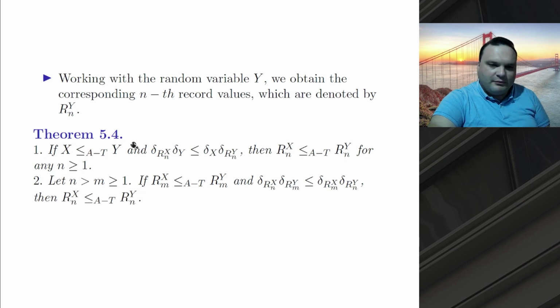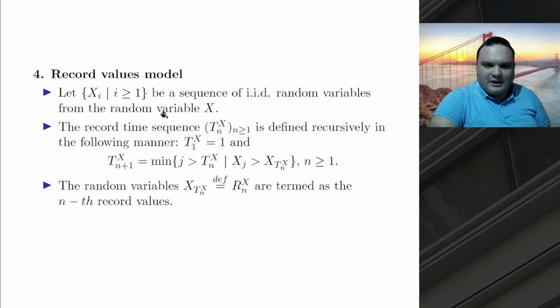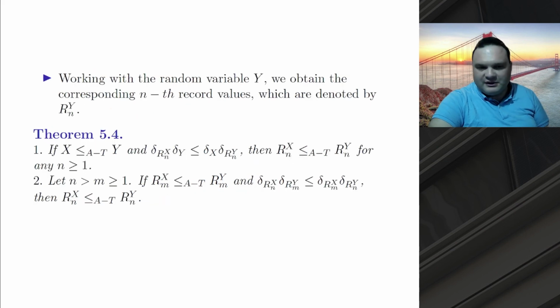If x is smaller than y in Awad-Tsallis Quantile Entropy order, then Rnx is smaller than Rny in Awad-Tsallis Quantile Entropy order, n greater than 1 being a natural number, a positive integer.